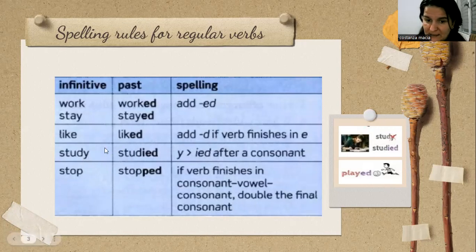We just add ed. And if the verb finishes in consonant, vowel, consonant, we double the last consonant. Stop, stopped. They may seem confusing, but these rules are the same for a lot of situations in English. So pay attention to them.